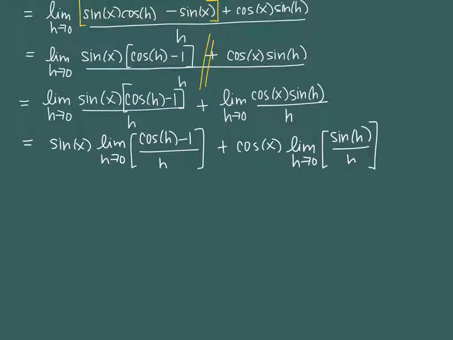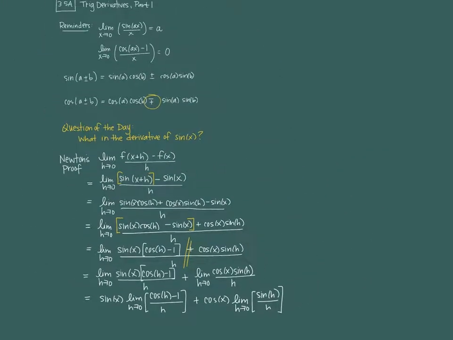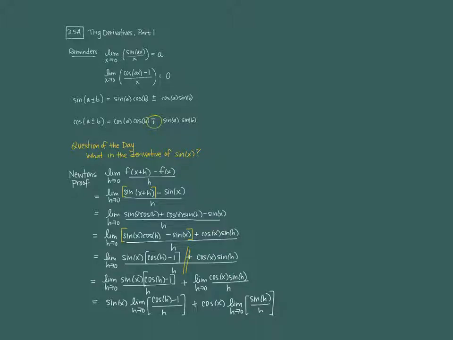What's now in the brackets are the same 2 limits we started the lesson with. If you look back at the beginning, I'm going to shrink this down, way down. Okay, trace those back. We have cosine of h minus 1 over h.